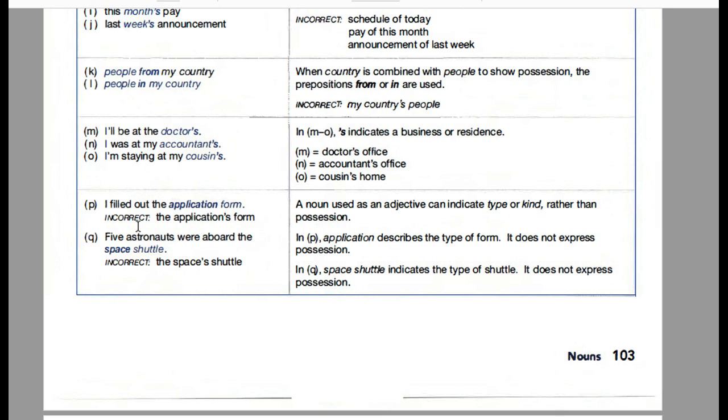Number 5: astronauts. We can talk about astronauts who were aboard the space shuttle. When we have space shuttle, it indicates a type of shuttle. It doesn't express possession. If they are in the space shuttle, it doesn't mean they have one for themselves, because there are many, and the astronauts couldn't hold it.